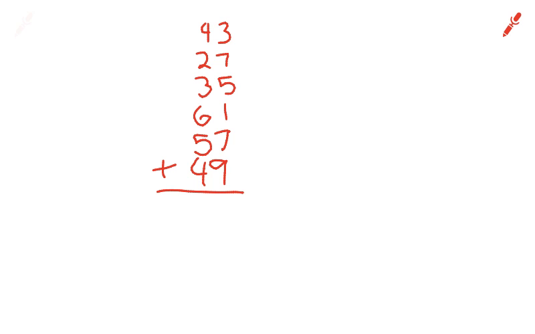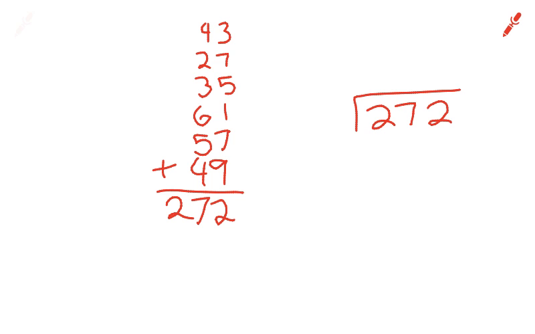After we do, we get 272. We take our 272 and divide it by how many numbers we used. Well, we used 1, 2, 3, 4, 5, 6. So we need to divide it by 6.